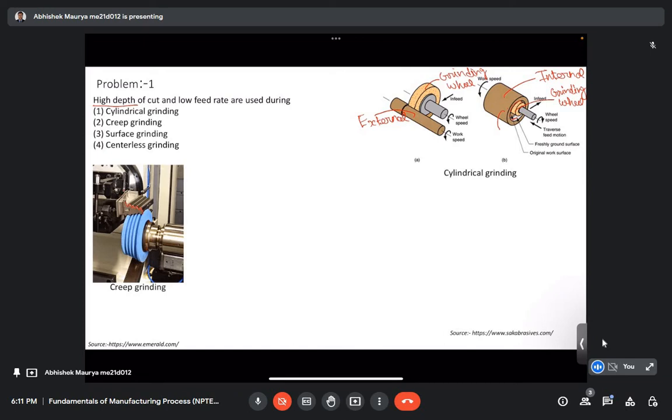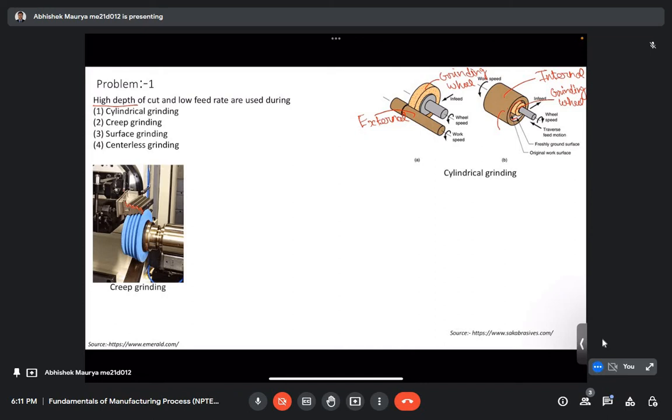But here we are just trying to make this kind of profile. What is there on the grinding wheel, we want to make a similar kind of profile on the workpiece, and we are doing it in one go.